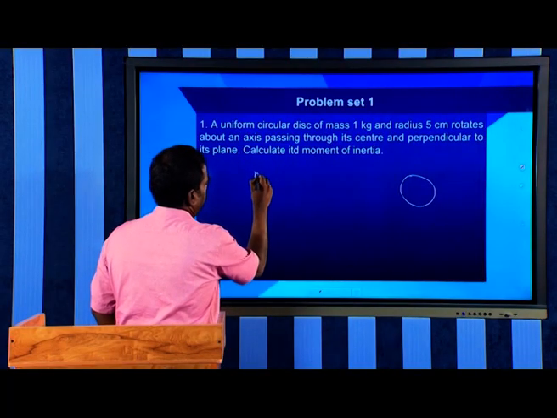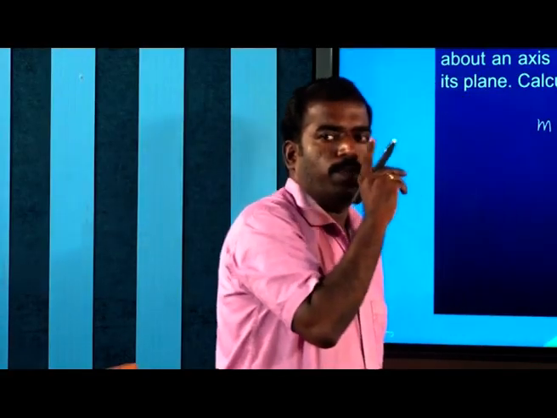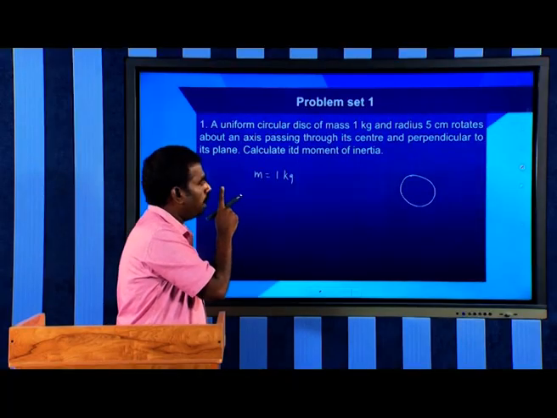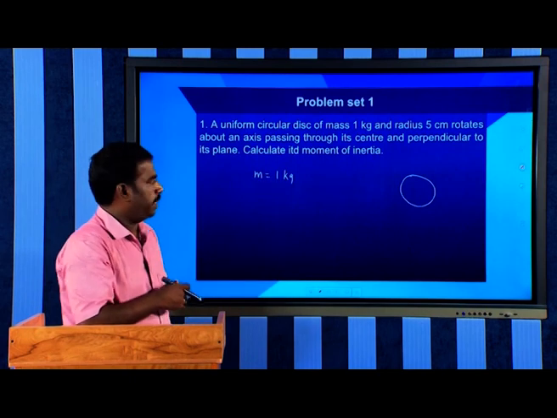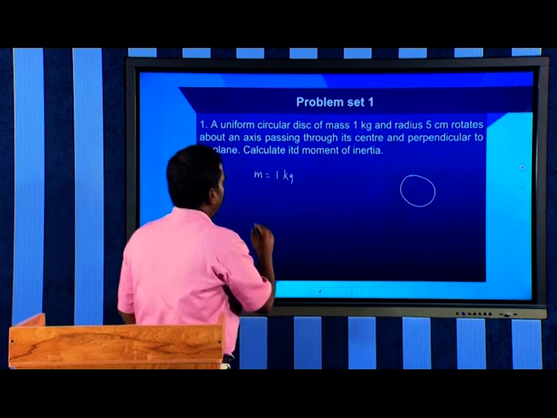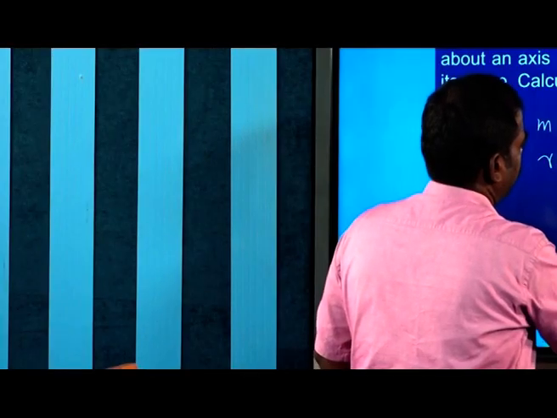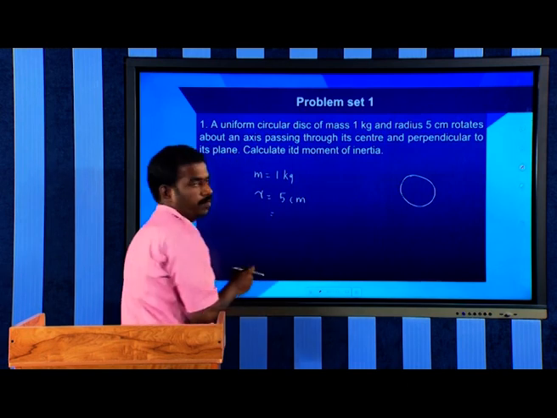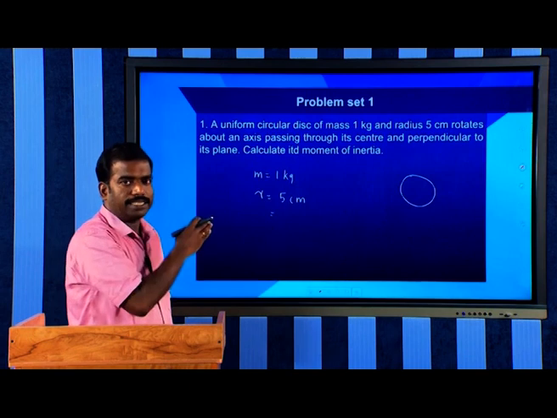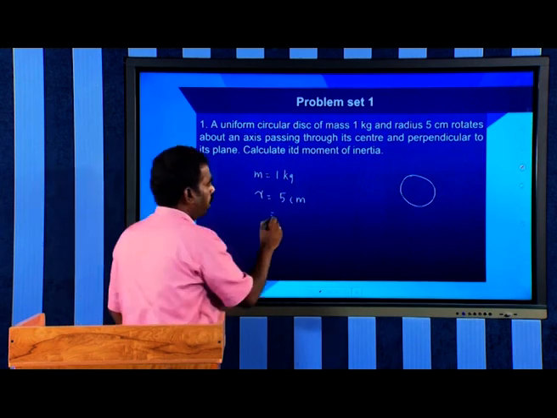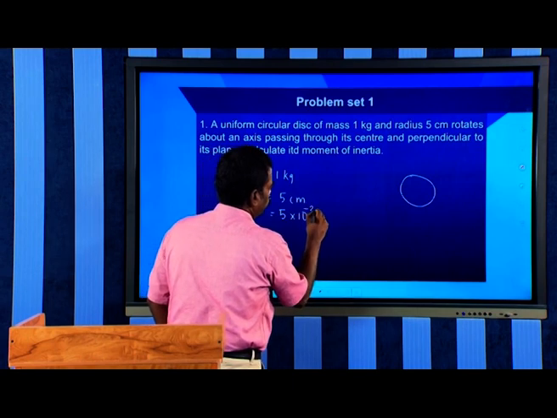So, write the data m equal to 1 kg, and please note whether the units are in SI or not. If it is in CGS, convert those units to SI. Radius of the disc is equal to 5 centimeter, so you have to convert to meter. These are the first preliminary steps after reading a question: write down those variables. So, r equal to 5 into 10 raised to minus 2 meter.